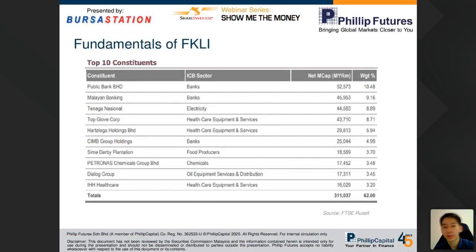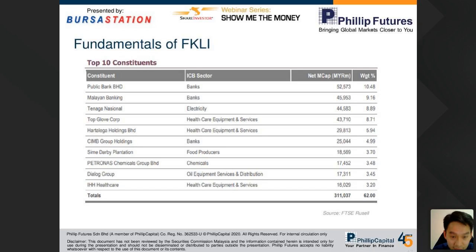Now I'll share with you the constituents of the FKLI index, which is quite important for a new trader or seasoned trader to know when trading FKLI, because you want to know which component stocks make up the FKLI index. As you can see on the screen, these are the top 10 constituents of the KLCI index.